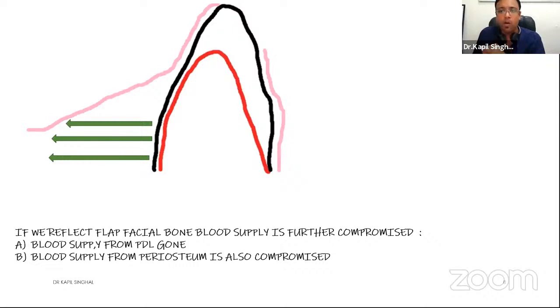So the first important thing that you have to remember while placing immediate implants, especially in the anterior region, is that you should never reflect the facial flap if you don't need to do any grafting and if it is not required, because you want this periosteum to be attached on the bone and provide blood supply to our facial bundle bone.